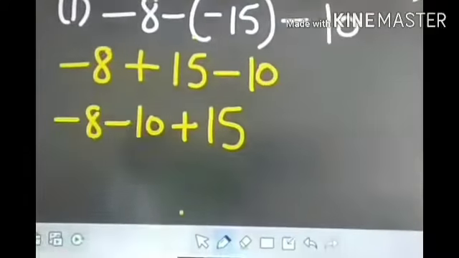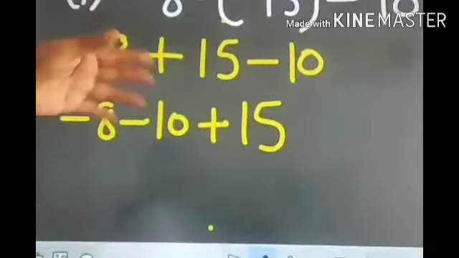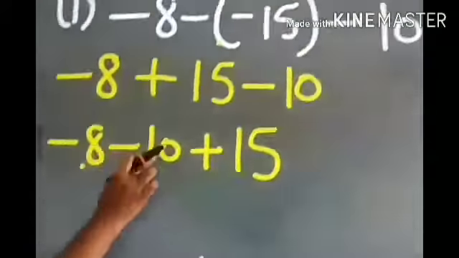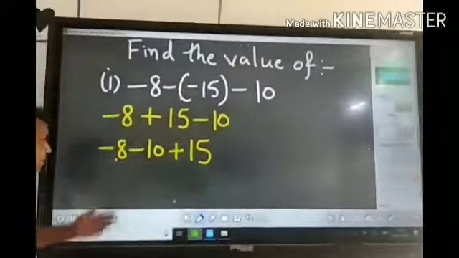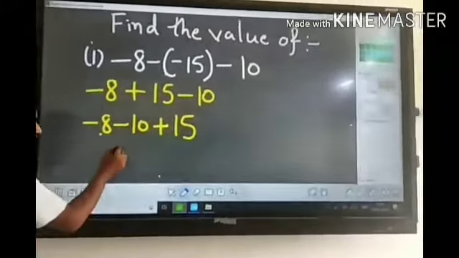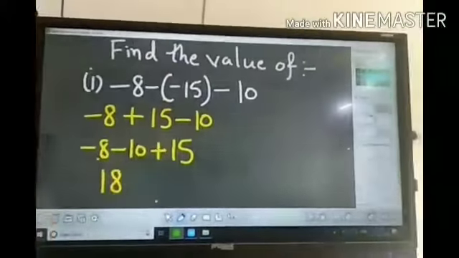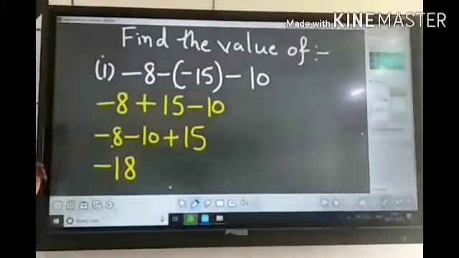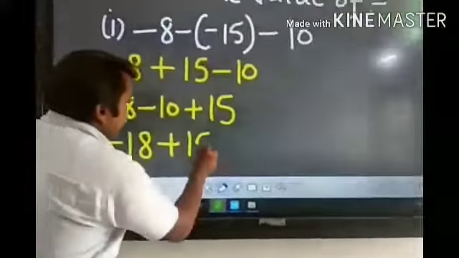We can replace the position of the integers as per our convenience. Therefore, now minus 8 and minus 10. Because these two integers are negative, there will be addition of these integers. 10 and 8, that will be 18, and both are negative, therefore I will write the negative symbol with their addition. Now this is 15.